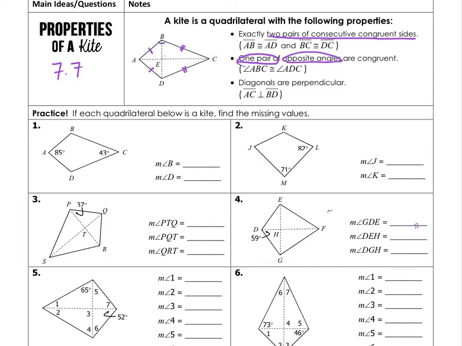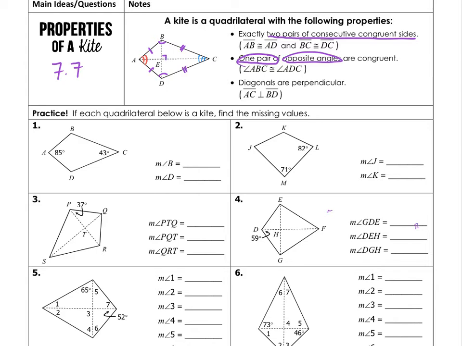So that's angle ABC and angle ADC are congruent. Notice that this angle here, A, and this angle here, C, are not congruent to each other. So only one pair. And finally, which is probably the most important, is that the diagonals are perpendicular.